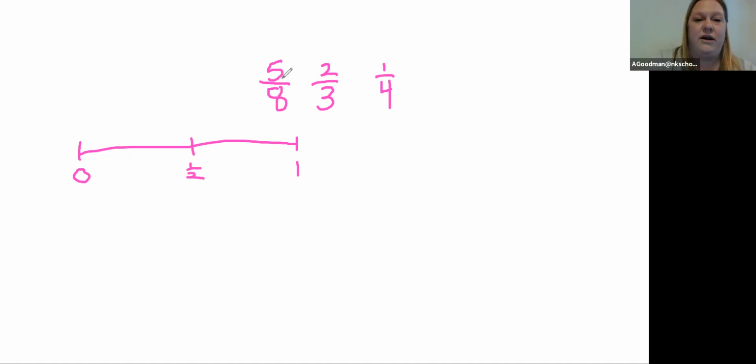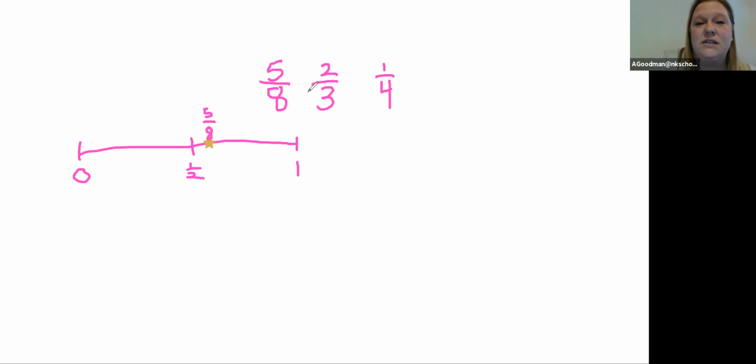All right, so 5/8. Well, 4/8 again is 1/2. So 5/8 is going to be a little bit more than a half. So I can label this one 5/8, a little bit more than a half.